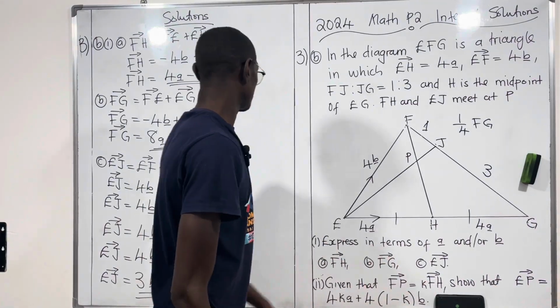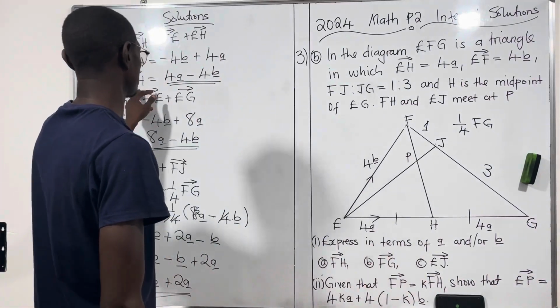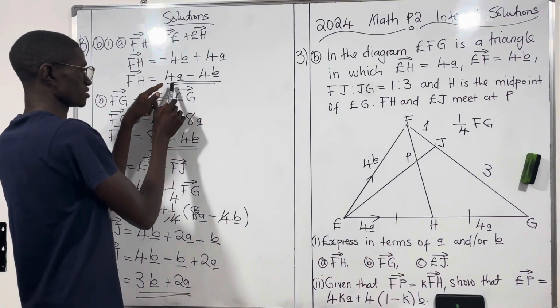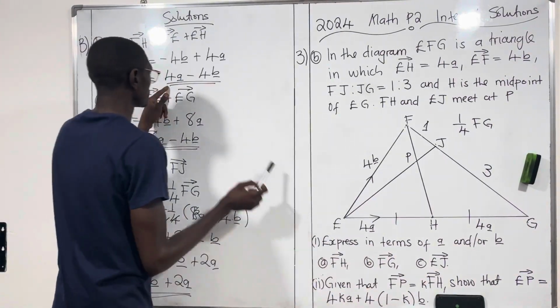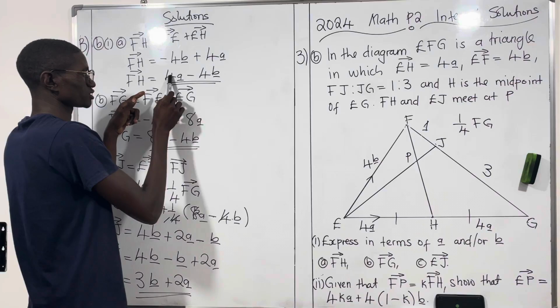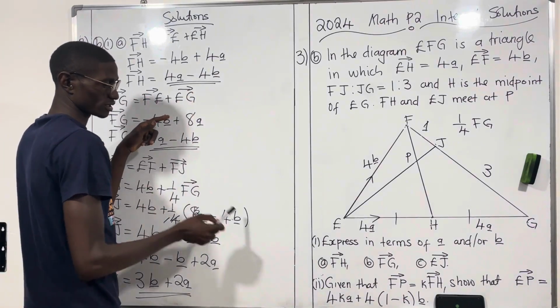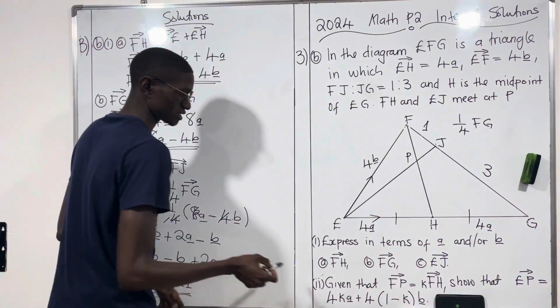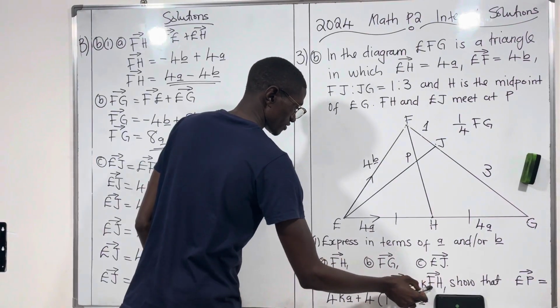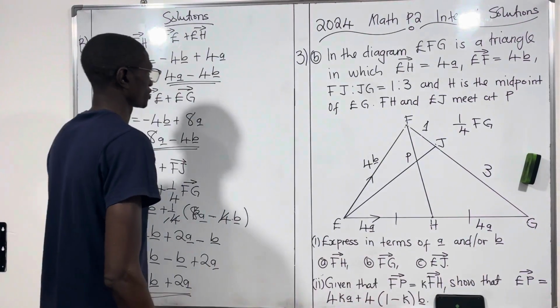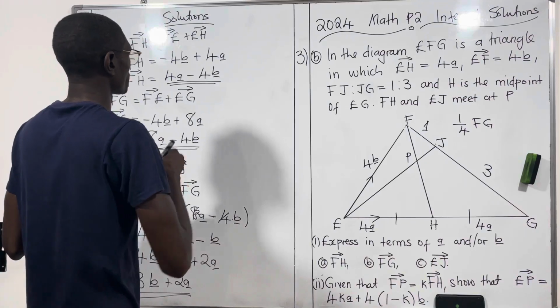So we have FH. Do we have FH somewhere? Yes, FH is there. So this simply means we get FH and we multiply every term with the K there. That is what this K times FH is implying. So we take note of FH.